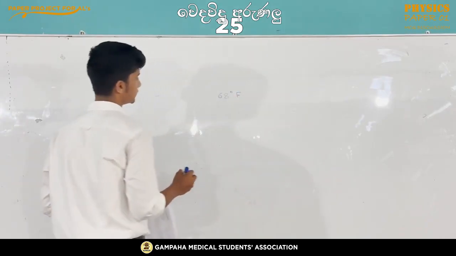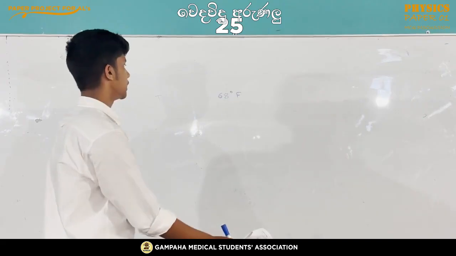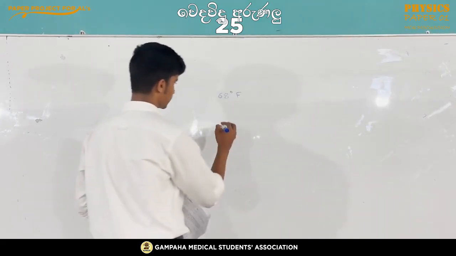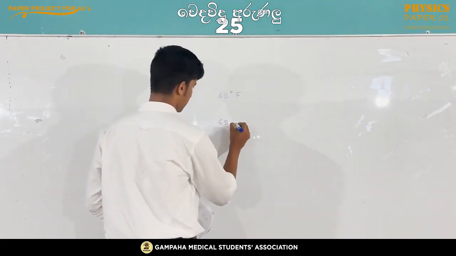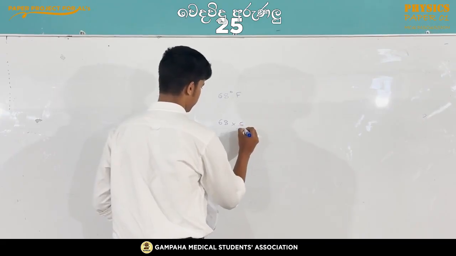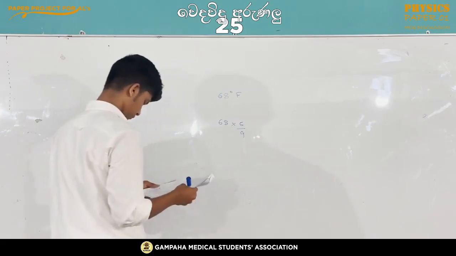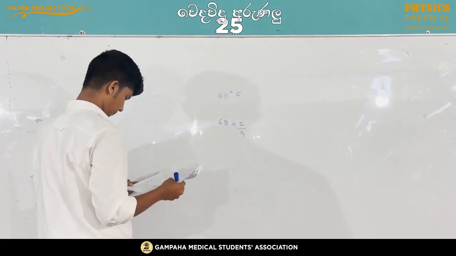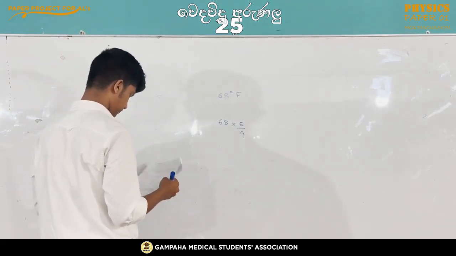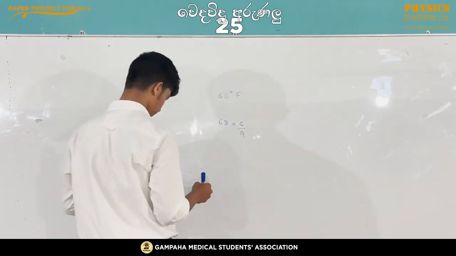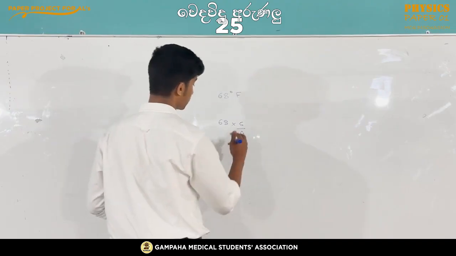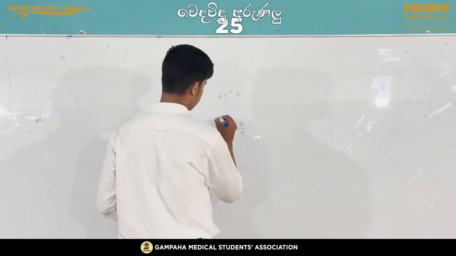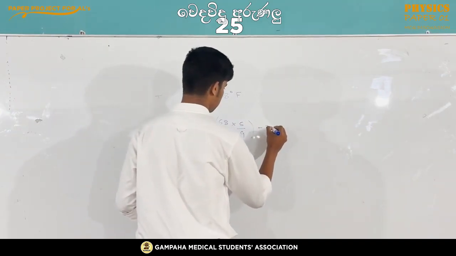So at 68 degrees Fahrenheit we have to first convert it into Celsius. So once you convert it into Celsius, we have to multiply by 5 over 9 and then subtract 32.